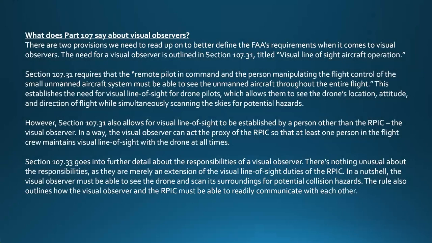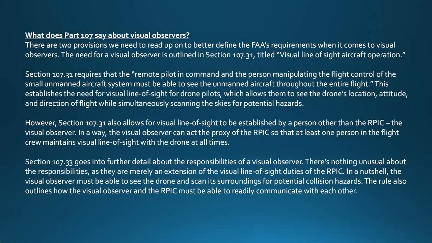107.33 goes into further detail about the responsibilities of a visual observer. There's nothing unusual about the responsibilities as they are merely an extension of the visual line of sight duties of the RPIC. In a nutshell, the VO must be able to see the drone and scan its surroundings for potential collision hazards. The rule also outlines how the visual observer and the RPIC must be able to readily communicate with each other.